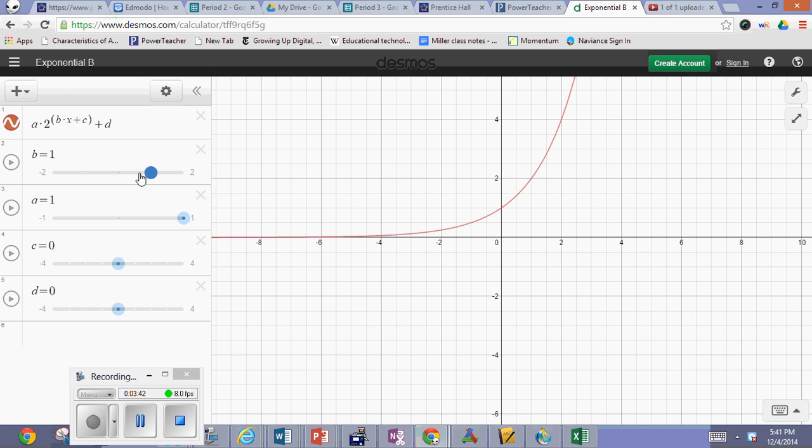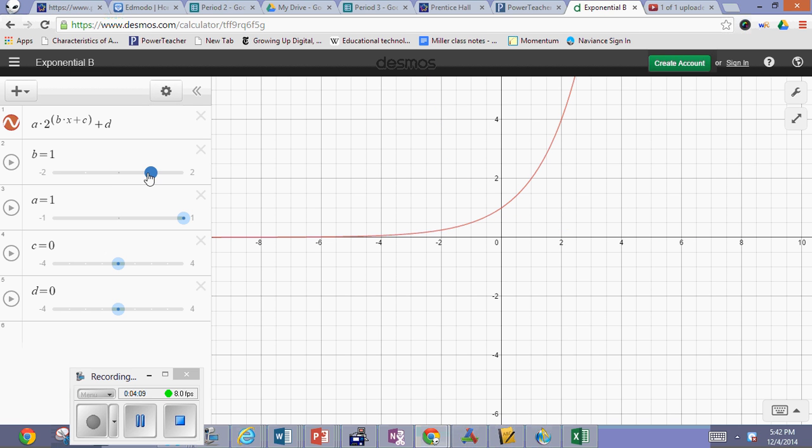Here's 2 to the x, we're back to 2 to the x again. So we've talked about flipping it across the x-axis by taking the opposite of the function, just multiplying the entire function by -1, or flipping it across the y-axis by taking opposite values of x.